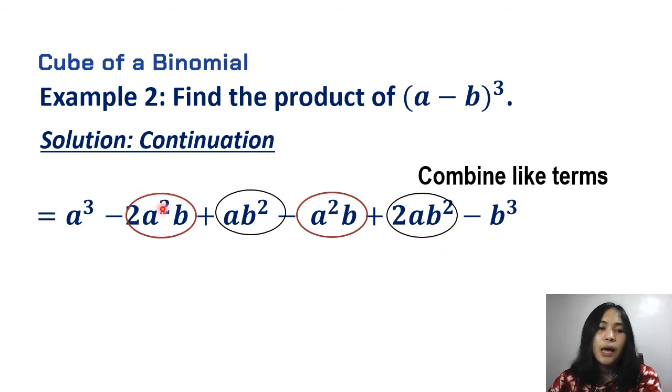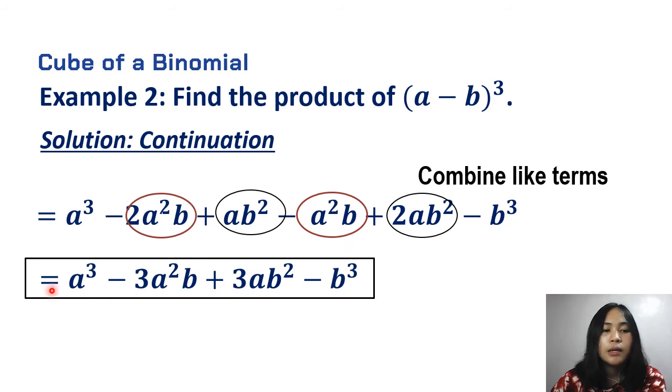So, now when we add using the addition of integers, when the signs are the same, negative 2a squared b plus negative a squared b, what we do is add them and copy the sign.